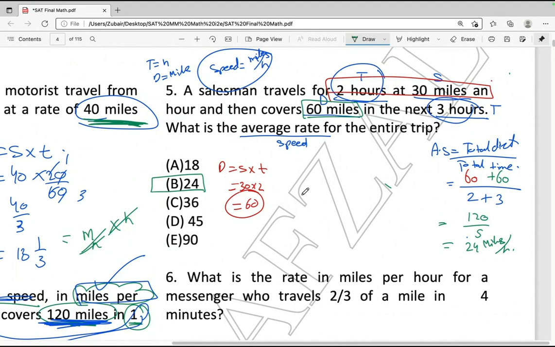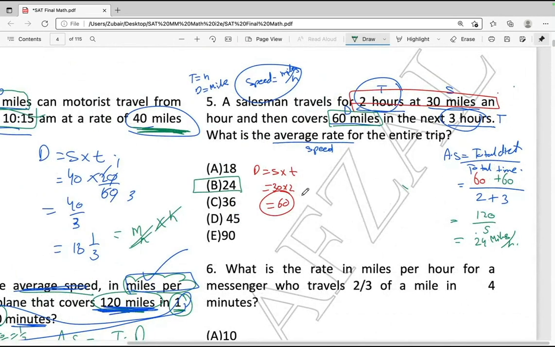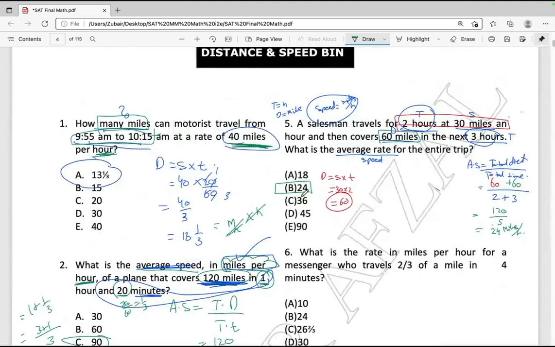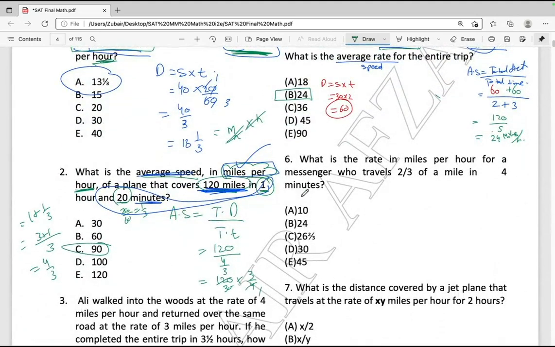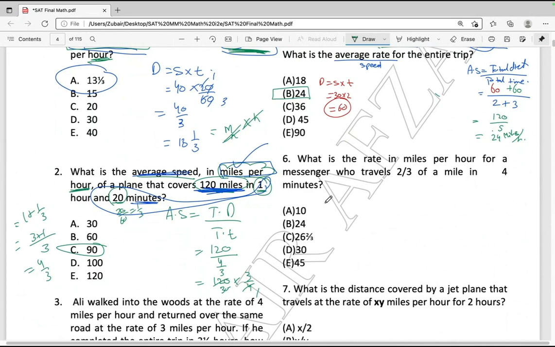The main aim which I will focus on is to reduce the thinking time, reduce the writing time, and save time, because there is no topic you haven't done in the past. All topics are familiar. Once I say that there's no time limit, you will get all of them correct. But when I tell you that you will have to solve 22 questions in 35 minutes, in a rush, one may make a mistake.